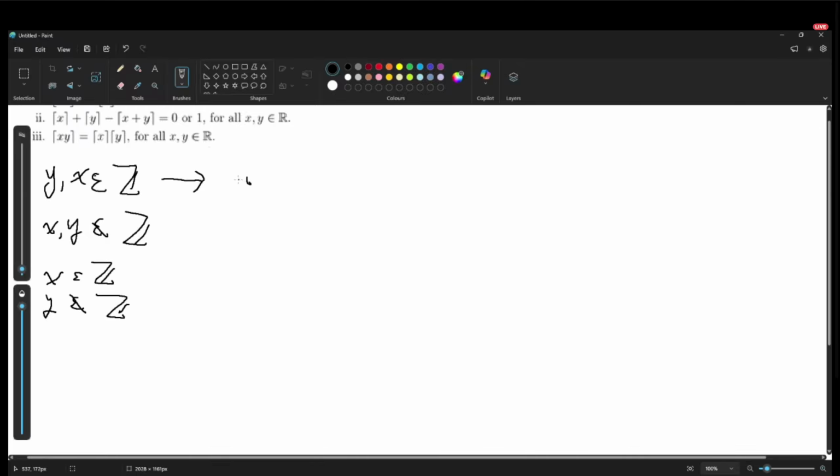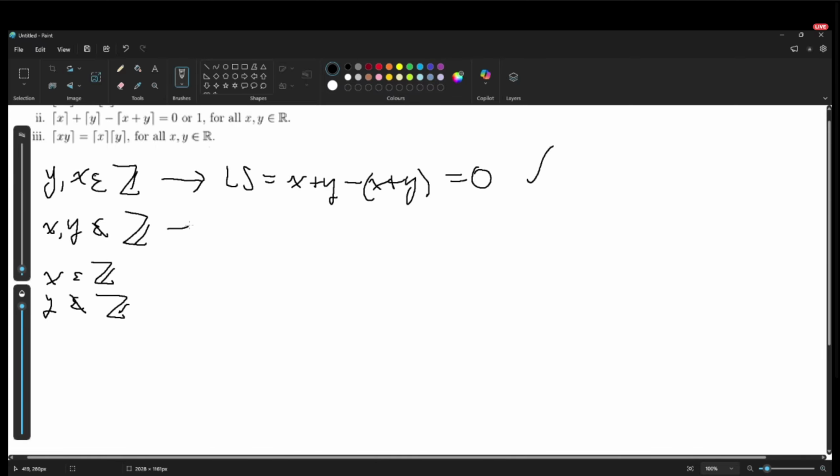For the first case, the left-hand side is simply x plus y, minus x plus y, and distributing the negative this becomes 0, so this checks out.